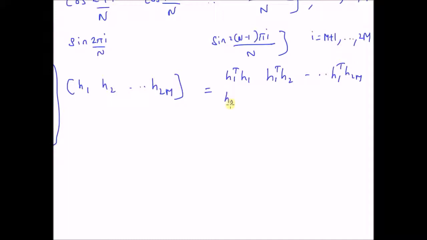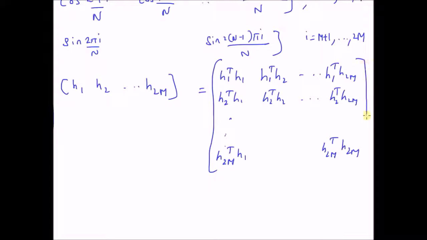In the second row we have h2 transpose h1, h2 transpose h2 up to h2 transpose h2m. And in the final row we have h2m transpose h1 up to h2m transpose h2m. So that is the structure of H transpose H when we use the definition which consists of the vectors h_i.